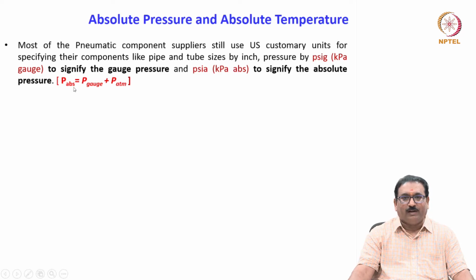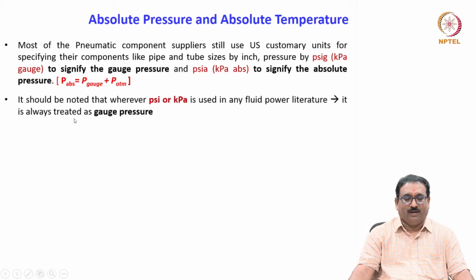Absolute pressure, we know that P_abs equals P_gauge plus P_atmosphere. It should be noted that wherever you are seeing PSI or kPa used in any fluid literature, it is always treated as the gauge pressure. Some books will not write PSIG, they will write PSI.